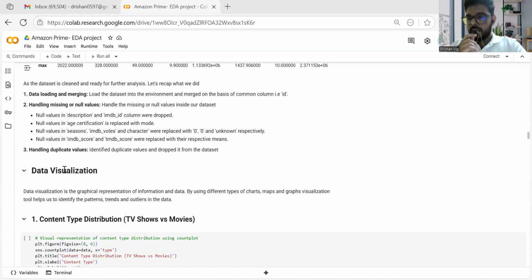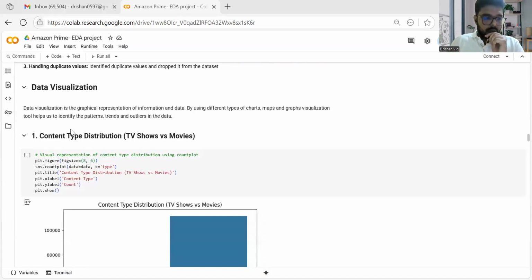We can analyze how many outliers are present in our data, and identify which chart gives us what kind of insight to solve a particular problem. So the first one is content type distribution.